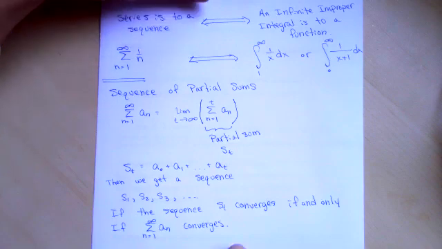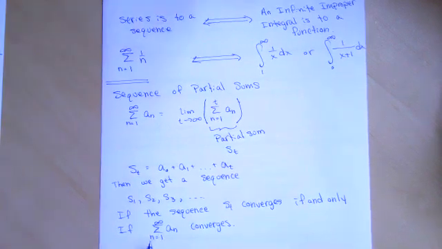In other words, by converges, I mean is a finite number. So this is our definition. I can add up an infinite number of terms given by a_n and get a finite value as long as the sequence that I get by taking more and more successive terms and adding them together also converges.